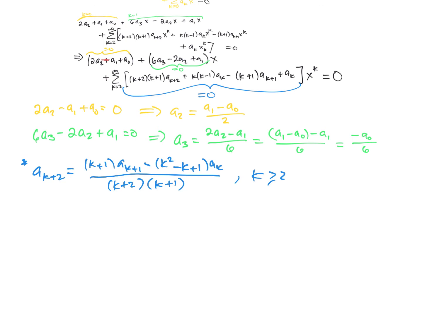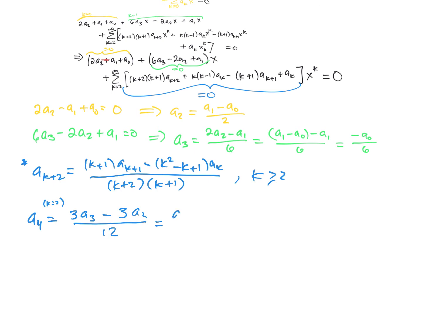So we plug in k equals 2, and that gives us 3a3 minus (4 minus 2 plus 1) 3a2 over 4 times 3, which is 12.